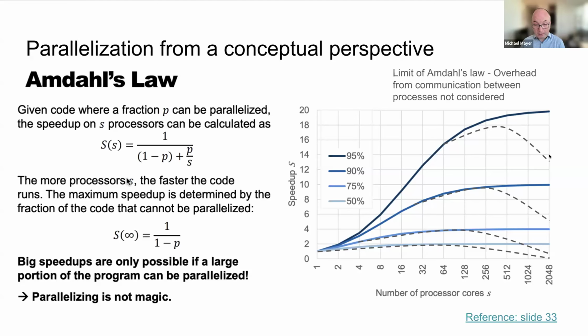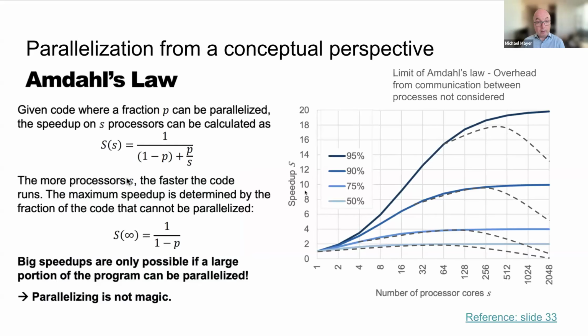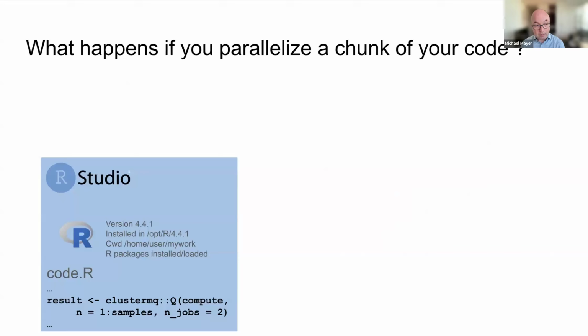So parallelization is not magical, but of course, we need to have some tools to leverage all of those things. Good. Now let's cross over to a semi-concrete example using R. Let's assume you run an RStudio session.